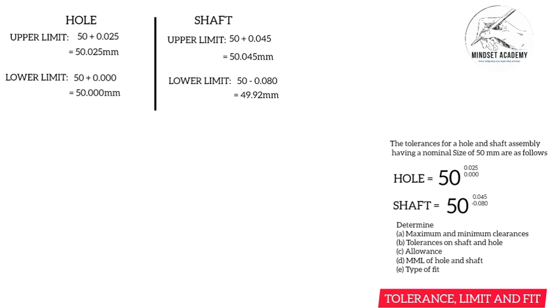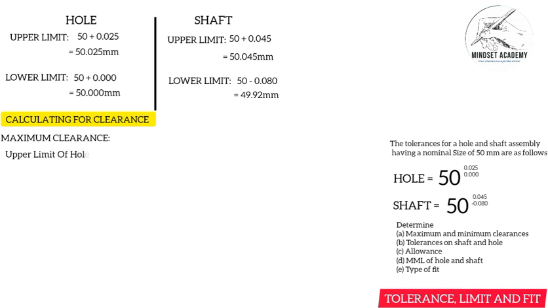So we proceed. The first question here is making us understand that we need to calculate for the clearance. Now to calculate the maximum clearance, which I can also call the maximum allowance, it is the upper limit of the hole minus the lower limit of the shaft, right?